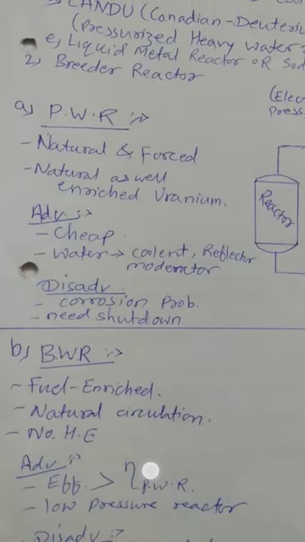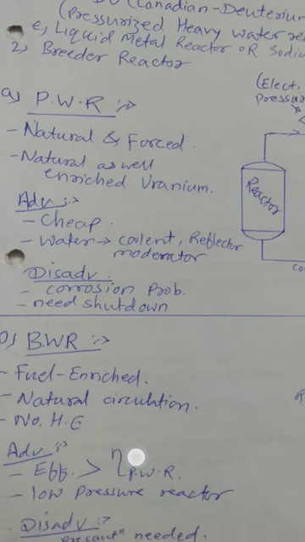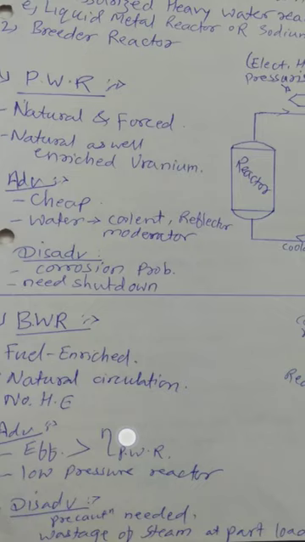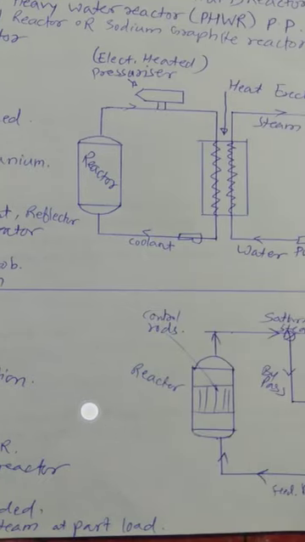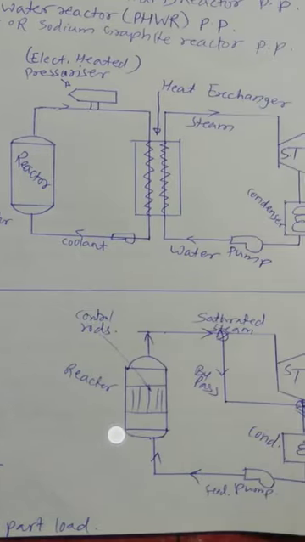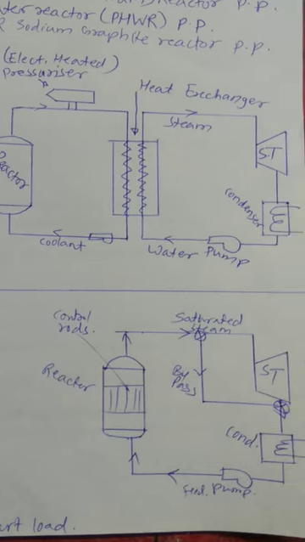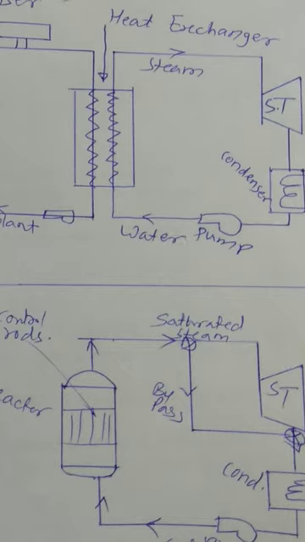It uses enriched uranium as fuel, and water is used as both coolant and moderator. We boil the water in the reactor itself, and that saturated steam is then supplied directly to the steam turbine, as seen here.